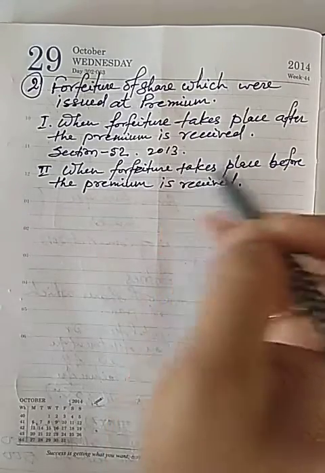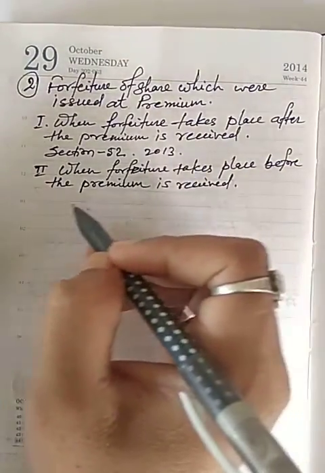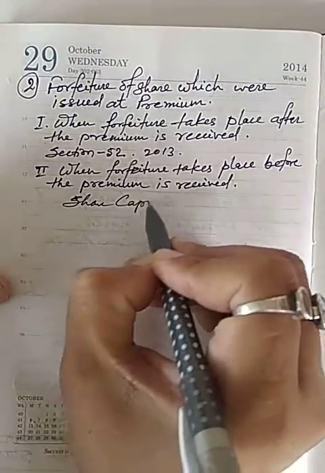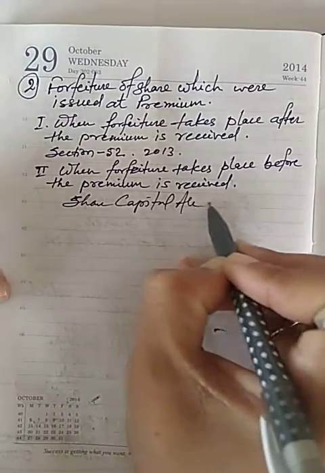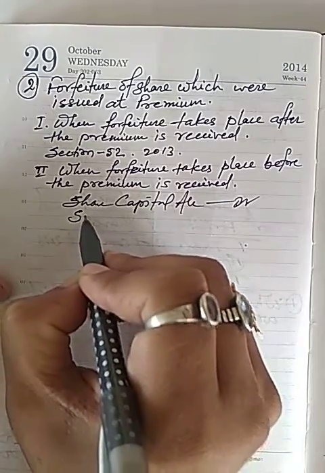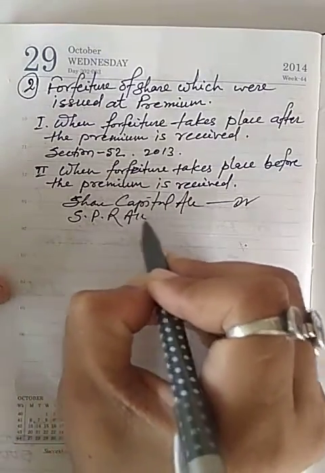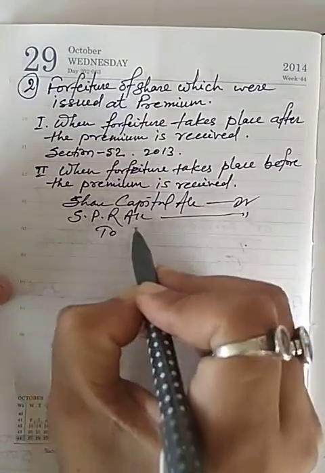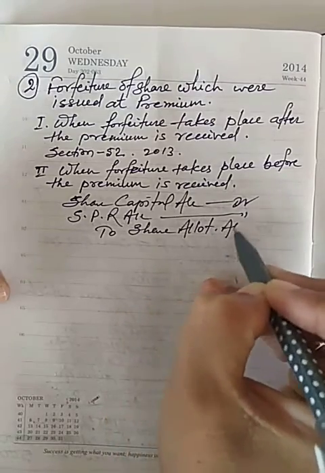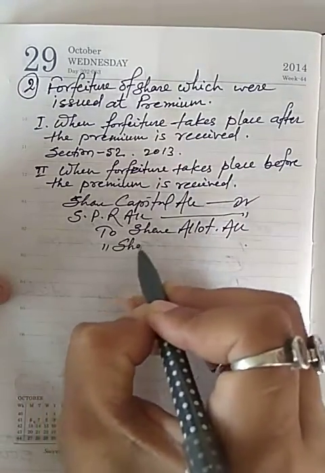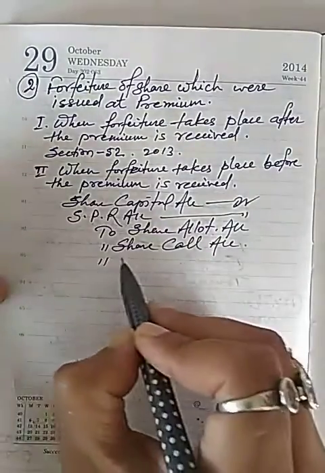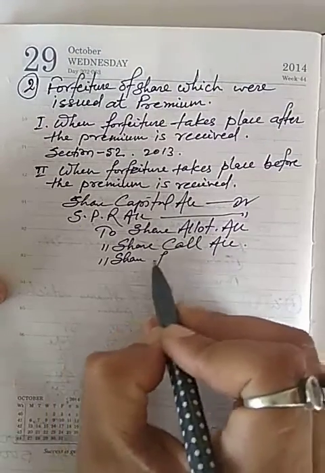The entry in this case will be: Share capital account Dr., Securities premium reserve account Dr., to share allotment account, to share call account, to share forfeiture account.